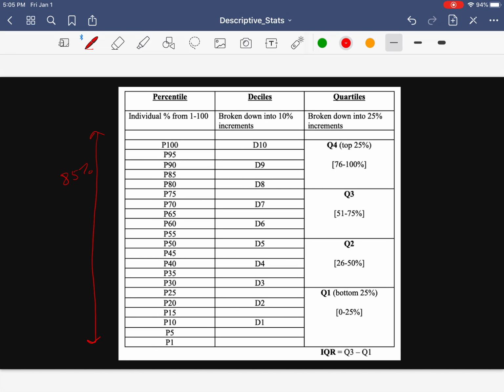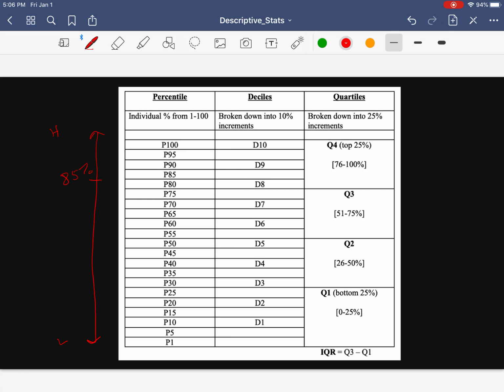That means that if we line up all of the scores from lowest to highest, you're about 85%, which means that you scored better than 84%. But you scored lower than 16%, 14%. Yeah.